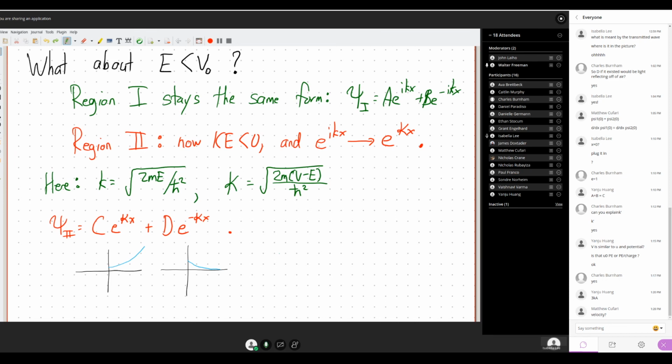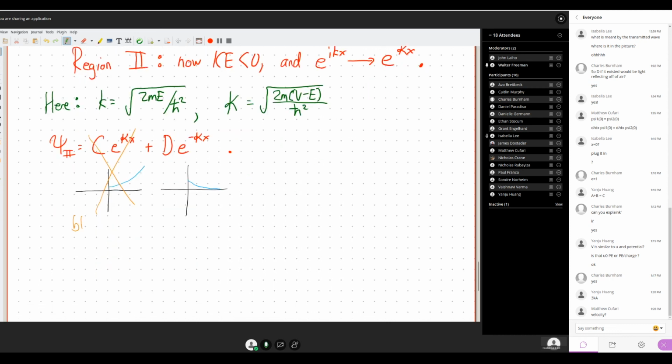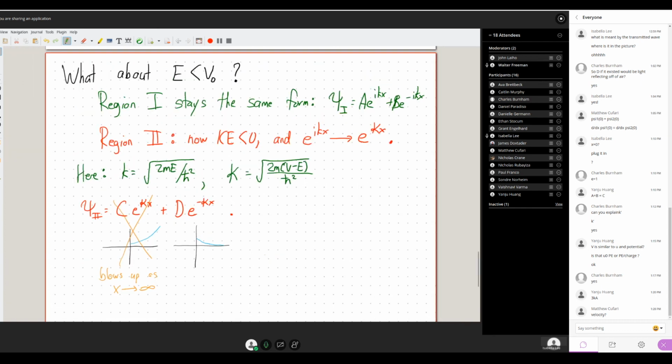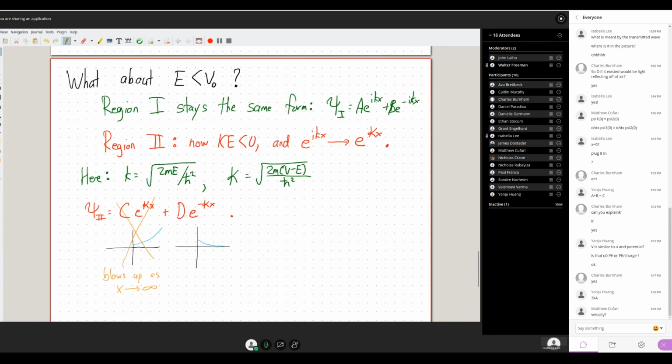With D, at least, the amount of tennis ball that goes through the wall decays exponentially, right? So this one we know we don't have, because this blows up as x goes to infinity. So now D is the only thing I've got left. Does that make sense?